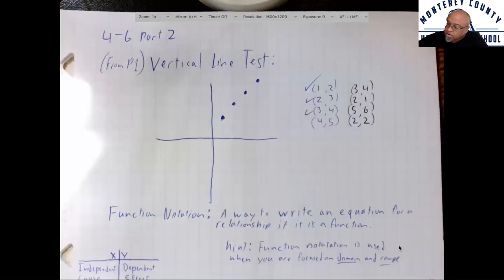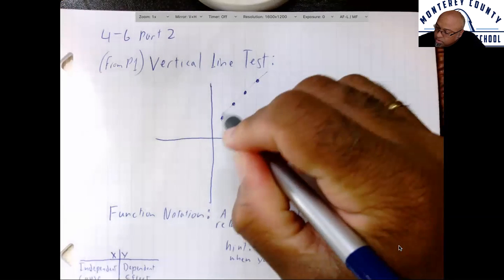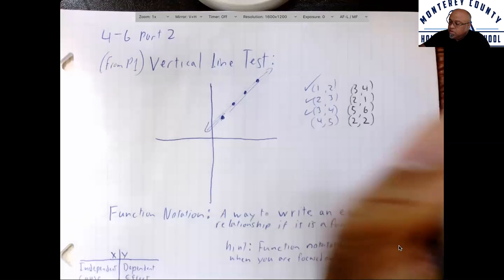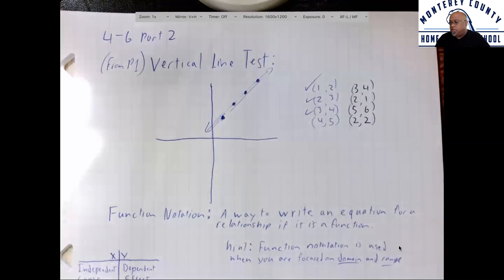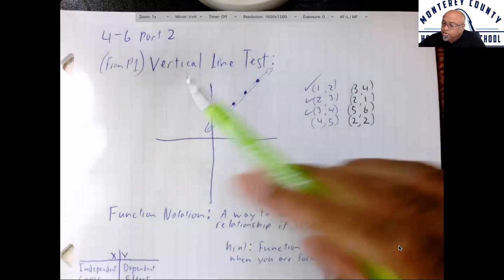Now, as you can see here, this particular set of ordered pairs makes a nice straight line. Okay, but one thing you can tell about this particular line is that it's not vertical.